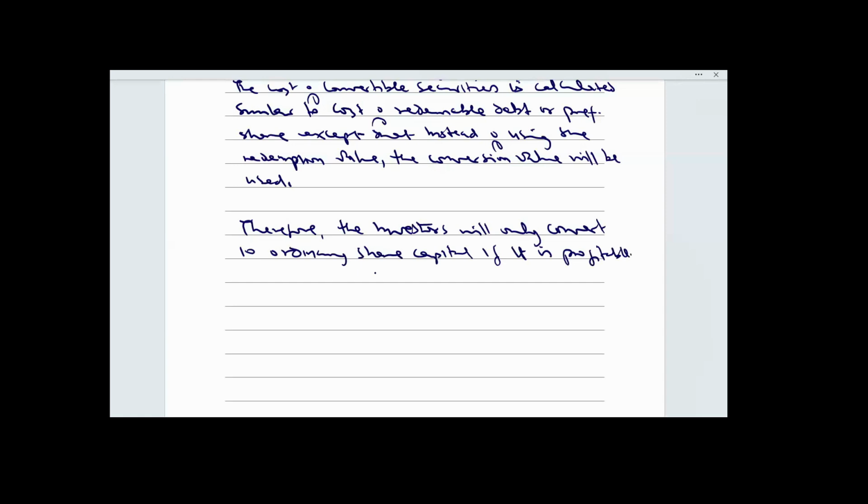If it is not profitable, the investor will not exercise the rights. That is, if the conversion value is higher than the redemption value, the investor will exercise the right. Other than that, they will just allow the security to lapse, and then at the maturity date, they will redeem it.